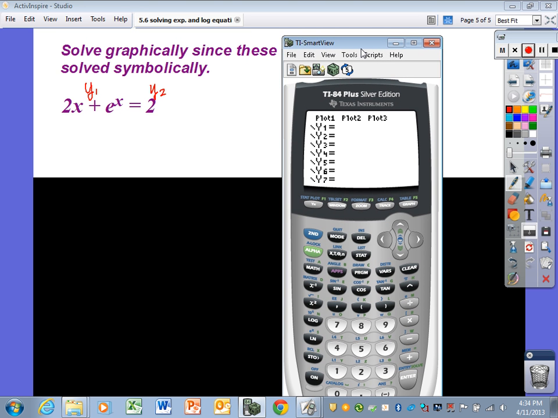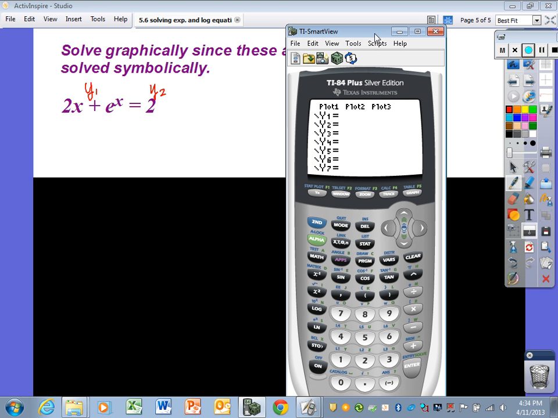And in y1, I'm going to type 2x plus e to the x. Enter. In y2, I'm going to type 2.